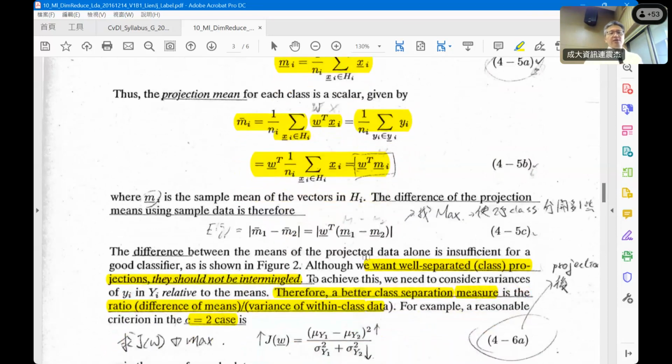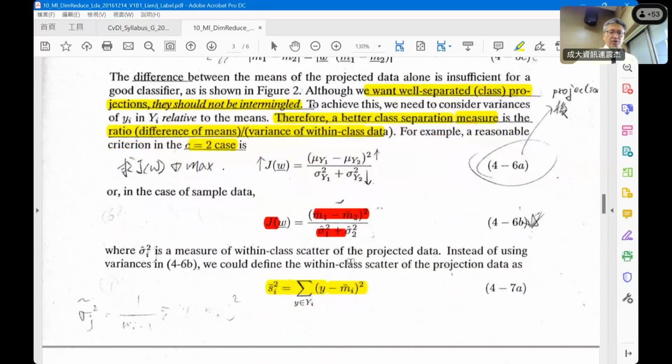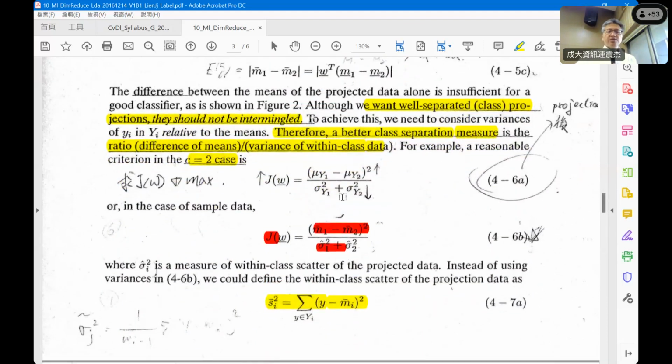So our purpose, I will go to here. This is our purpose. This is the Jacobi value, just one constant value.